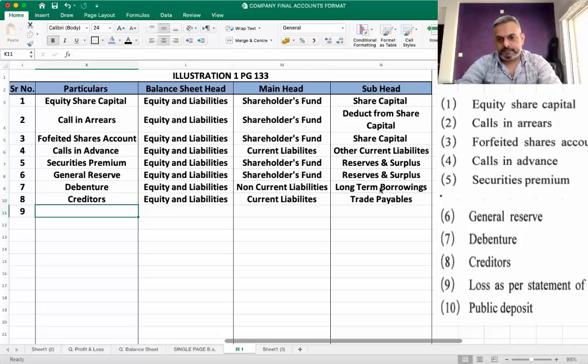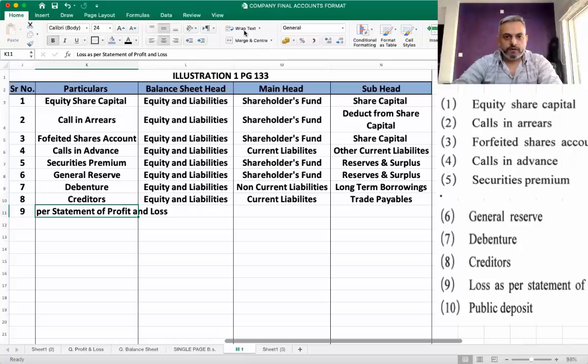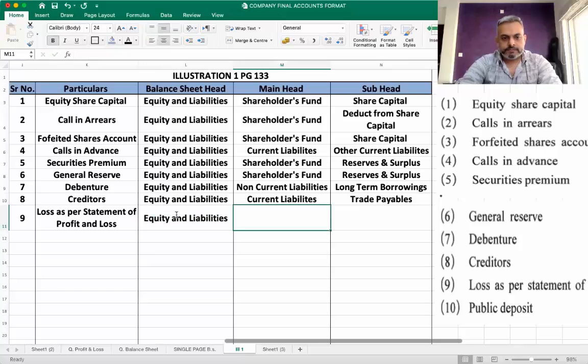9. Loss as per statement of profit and loss, again equity and liability. Now loss will go to reserves and surplus as a deduction.